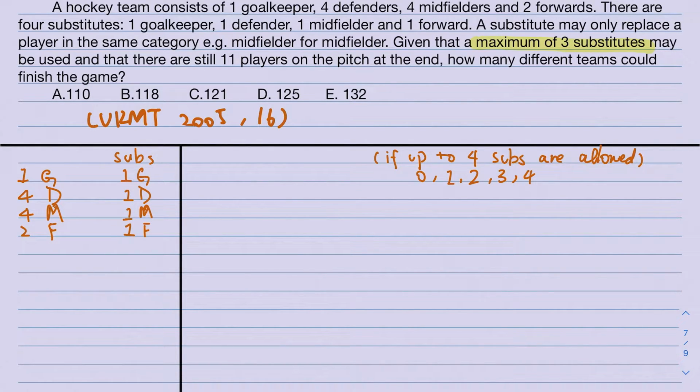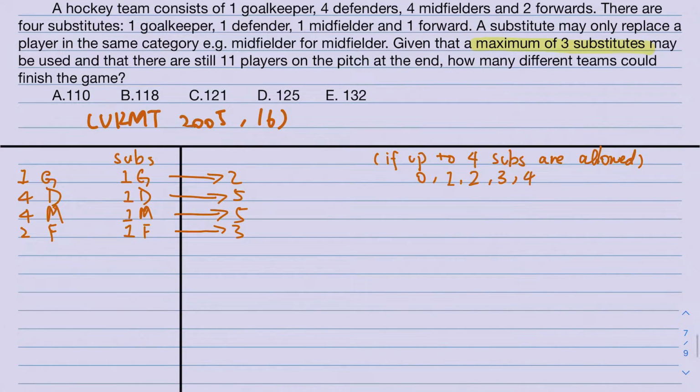And so how many goalkeepers do we have in total? We have 2, right? For defenders, we have 5. For midfielders, we have 5. And for forwards, we have 3. So we have 15 players in total, and we could just try to assemble a team.